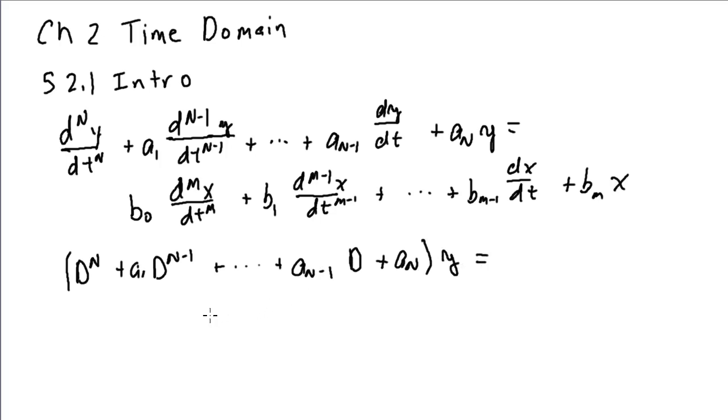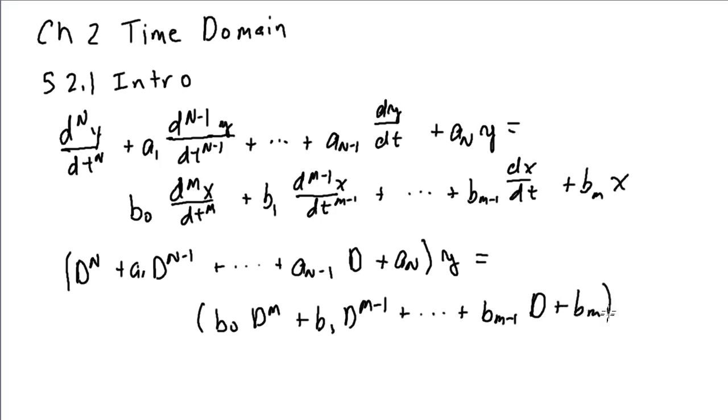And then similarly for x, we'd have b0 D to the M plus b1 D to the M minus 1, plus and so on, this coefficient b_{M-1} times D, finally plus b_M, all times x.